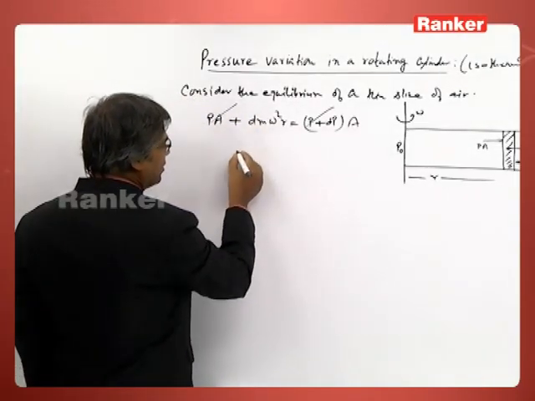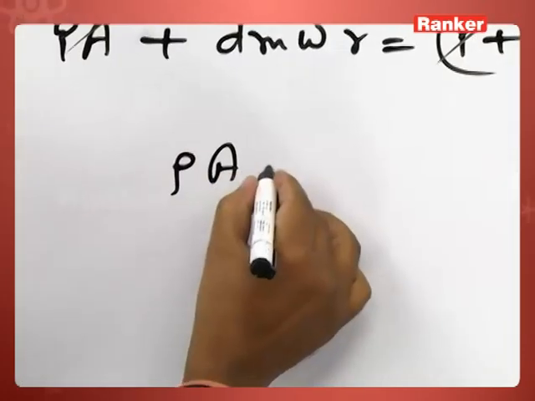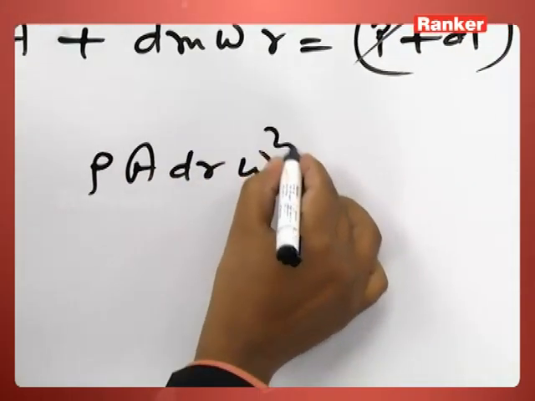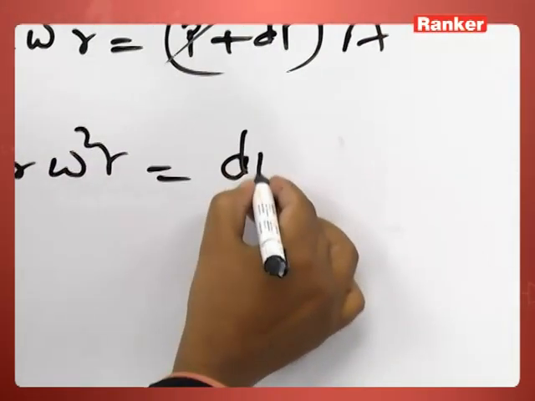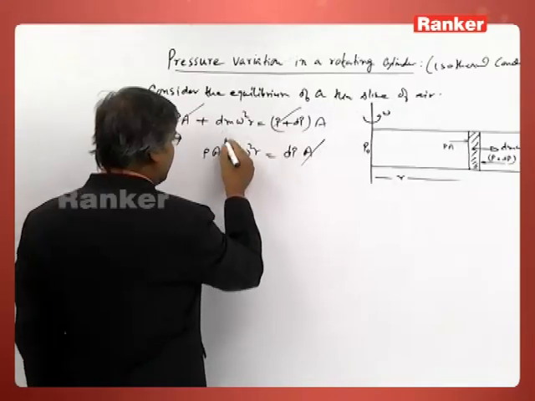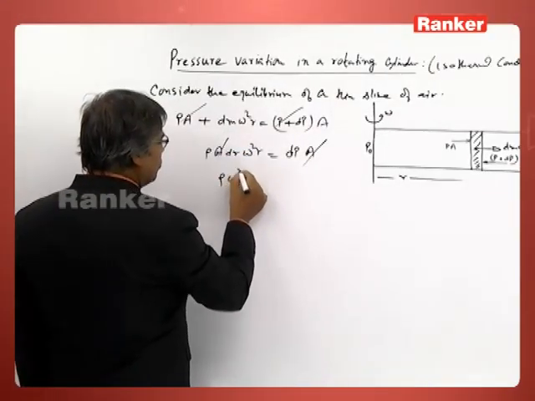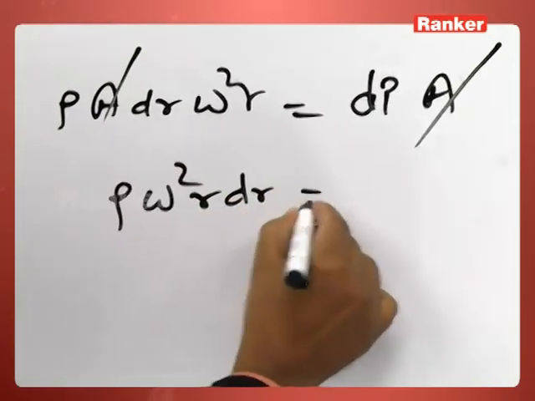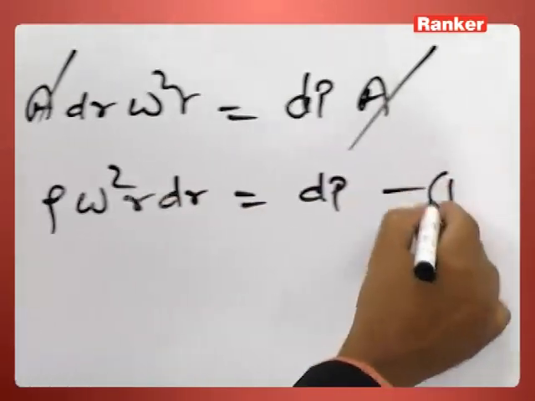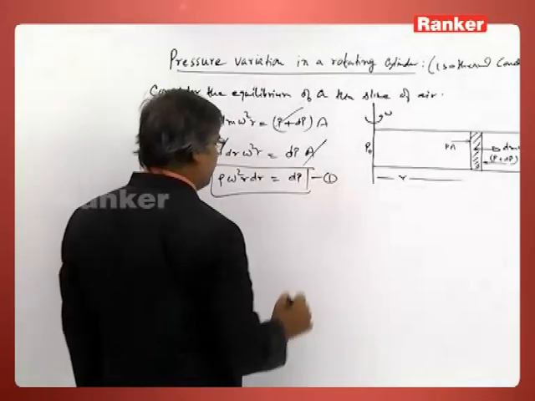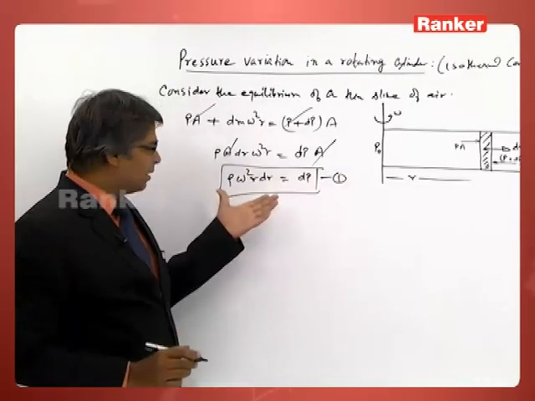The mass dm is equal to rho A into dr, omega square r is equal to dP into A. Again A cancels. So rho omega square r dr is dP. That is equation number 1.